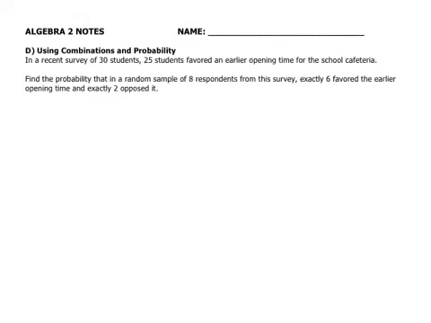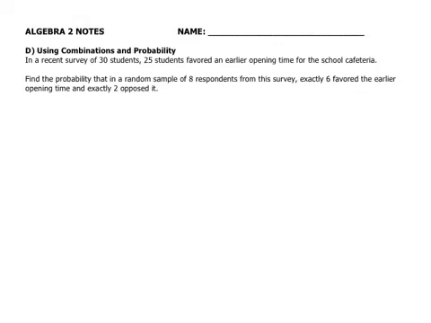All right, last one. So here we are using combinations along with probability. In a recent survey of 30 students, 25 students favored an earlier opening time for the school cafeteria. So right away from that first sentence, what other information do we know? You know that there's 30 students total and 25 of them. What else do we know? 5 don't want to go.